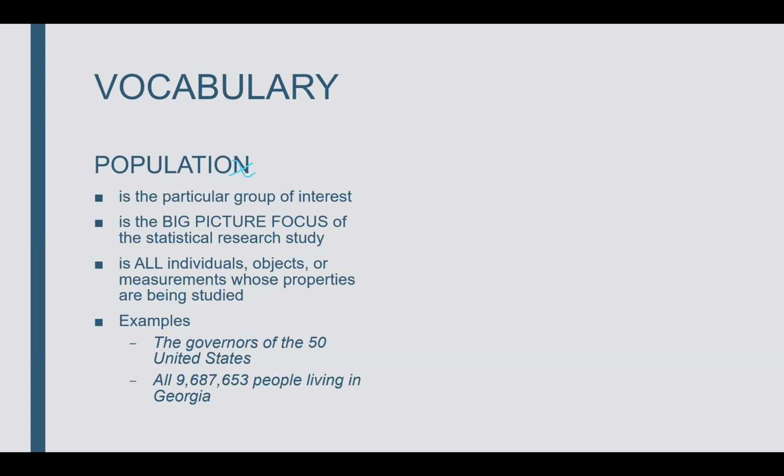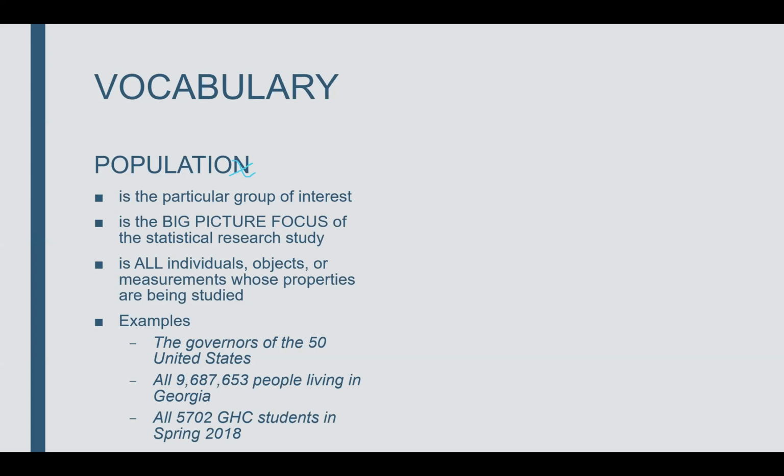All 9,687,653 people living in Georgia. Notice that one uses the word all. All 5,702 GHG students in spring 2018. Again, that one uses the word all.